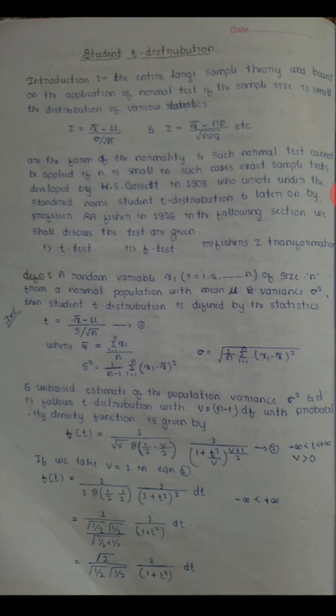That is, f of t is equal to 1 by root v, v being 1, that is 1 by beta of 1 by 2, 1 by 2, into 1 upon 1 plus t square raised to 1 plus 1 divided by 2, which means 2 by 2 is 1, dt, where t lies between minus infinity and infinity. Using beta of 1 by 2, 1 by 2 equal to gamma of 1 by 2 gamma of 1 by 2 divided by gamma of 1 by 2 plus 1 by 2, this equals gamma of 1 divided by gamma of 1 by 2 gamma of 1 by 2, into 1 upon 1 plus t square, dt.